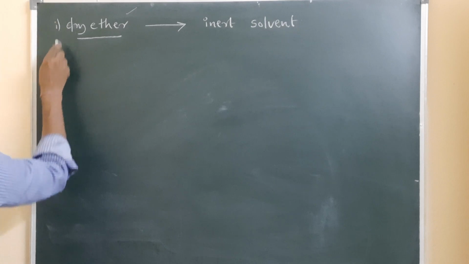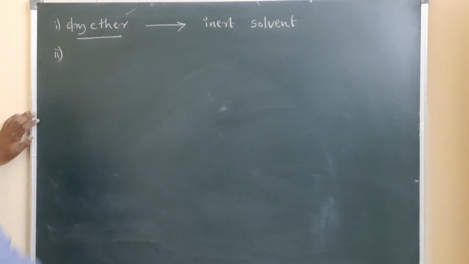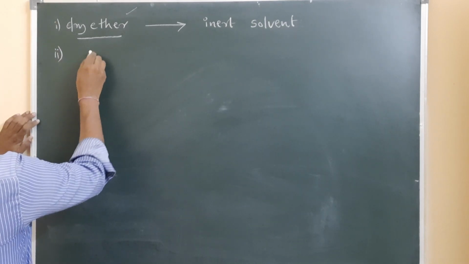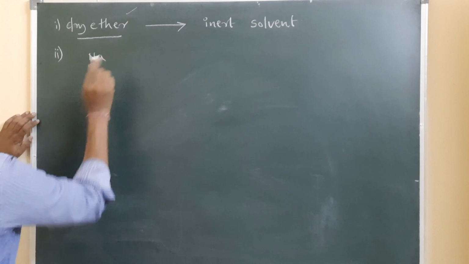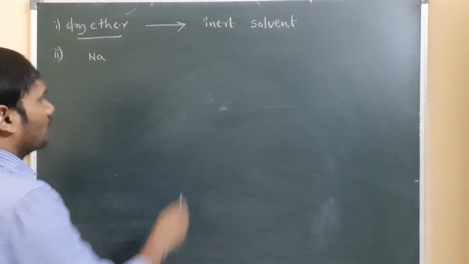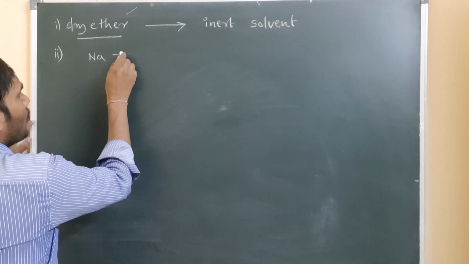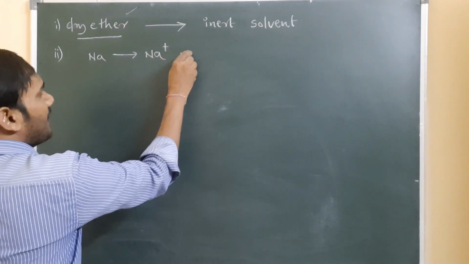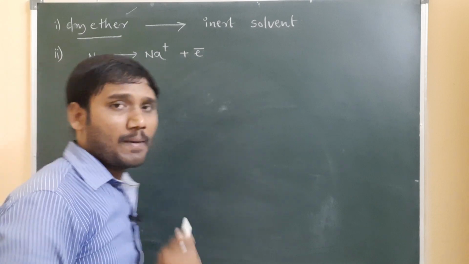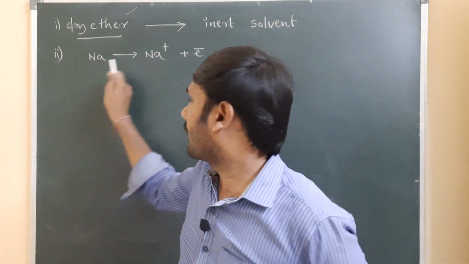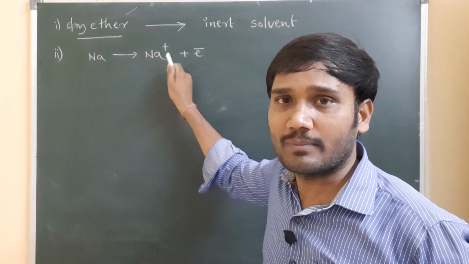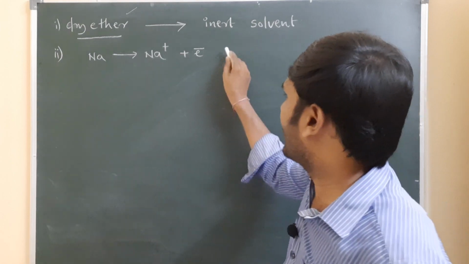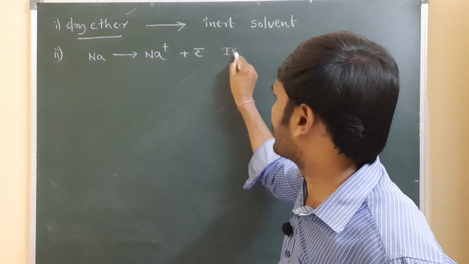And the second reason to take dry ether: the metal we are taking is sodium. Sodium loses electrons to participate in the reaction. To remove the electrons from sodium, some amount of energy is required; generally we call that energy the ionization energy.